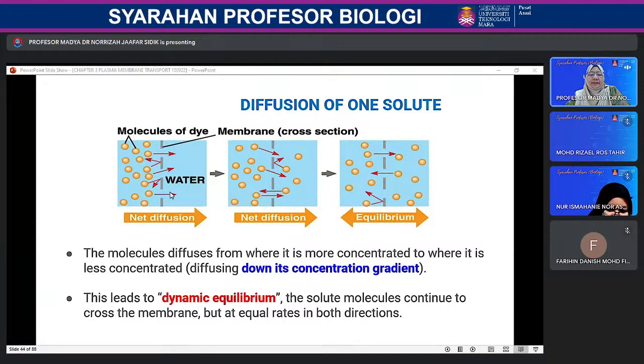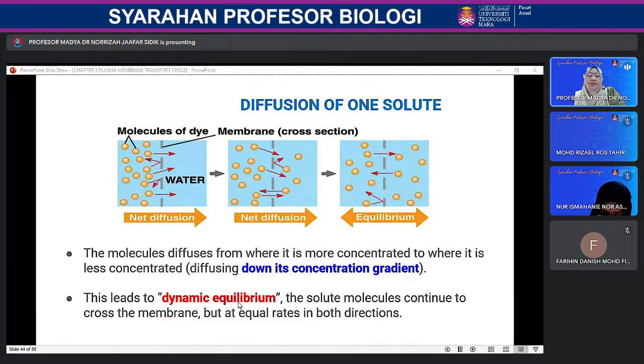If you look here, these are the molecules of dye in the water. The molecules will diffuse from more concentrated to less concentrated until they reach the equilibrium state.